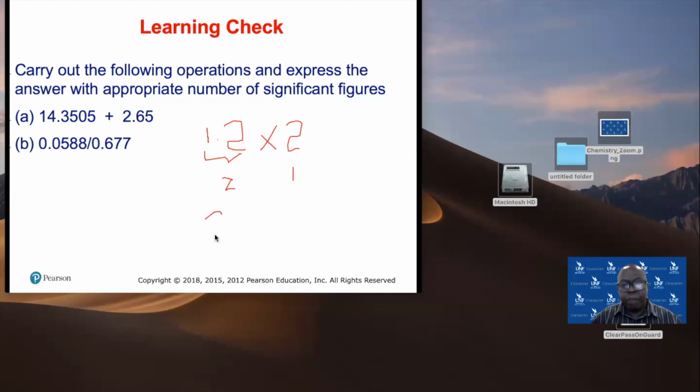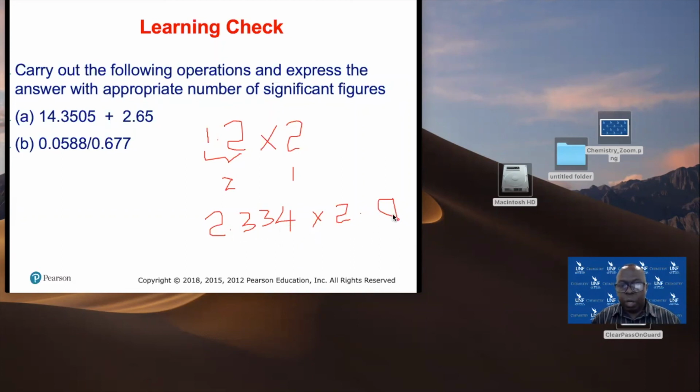If you have 2.3 times 2.8, I'm just giving you examples without giving the final answer. This has 1, 2, 3, 4, four significant digits.